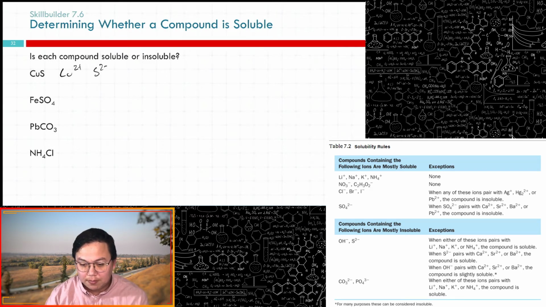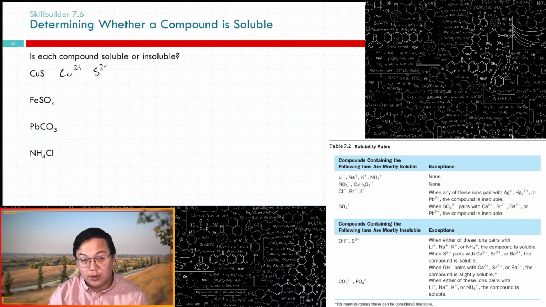And we see that sulfur is in that second half. When either of these ions pairs with lithium, sodium, potassium, or ammonium, the compound is soluble, right? Because at the top half, there's no exceptions for those. And also when it pairs with calcium, strontium, or barium, those are the rest of the 2A column, right?